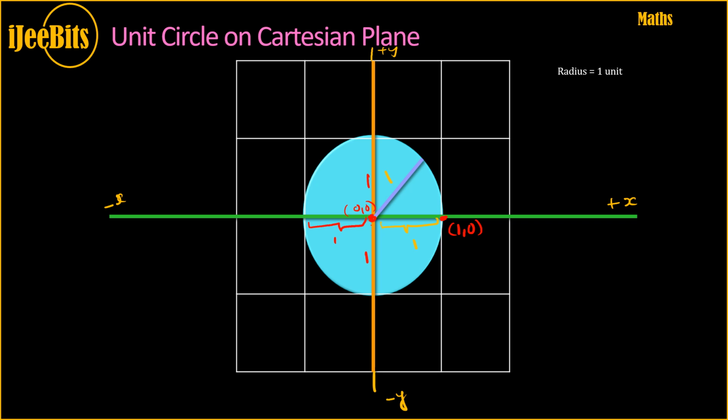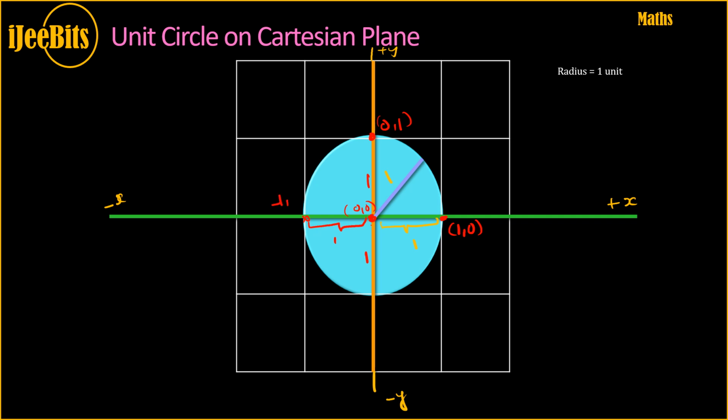If I say this point, so what happens here? There is no change in x, so x is 0, y is 1, right? Because my radius is 1. In this one, how do you represent it? I travel from the origin to negative x, 1 unit, so minus 1.